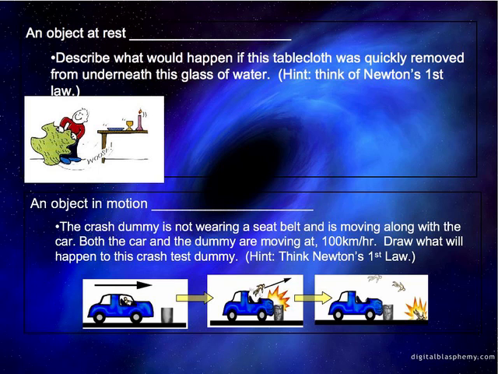Now, what if I did this same experiment using a piece of carpet? Would this experiment work? No, because there would be much greater force of friction between the carpet and this. Between the paper and the water, there's relatively little friction, so I can whip it out of there fairly quickly.